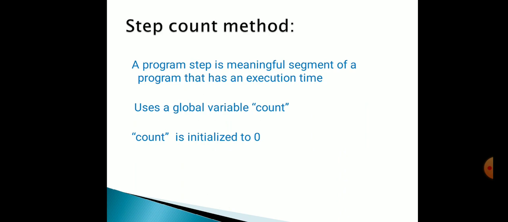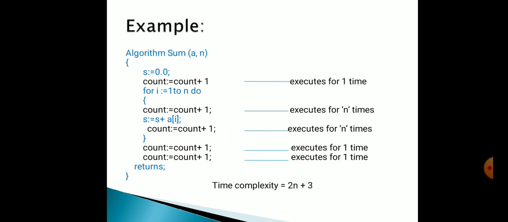So for the same algorithm, when we modify it by introducing program steps, we have the following process. Here, see the same example: s is equal to 0, one for loop, and one return statement. Among these steps, we have to identify program steps, meaning the statements which have some execution time.